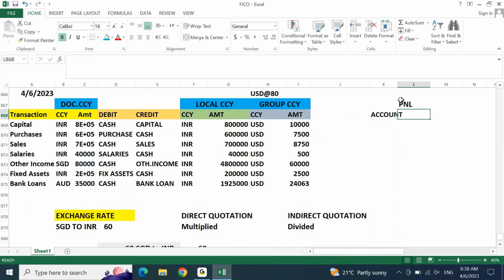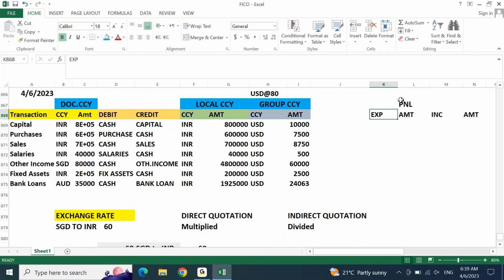account. What else is needed to prepare the P&L? Expenses, income. So I need expenses, I need income. I'll put the amount.